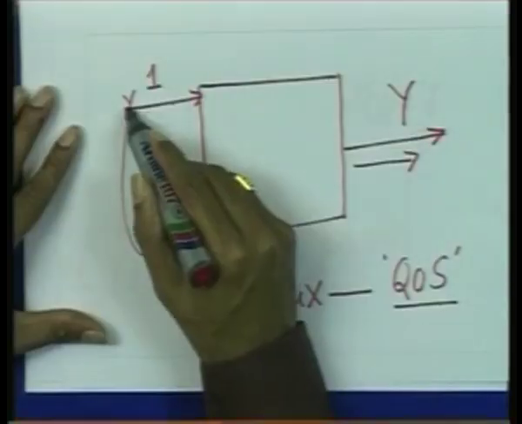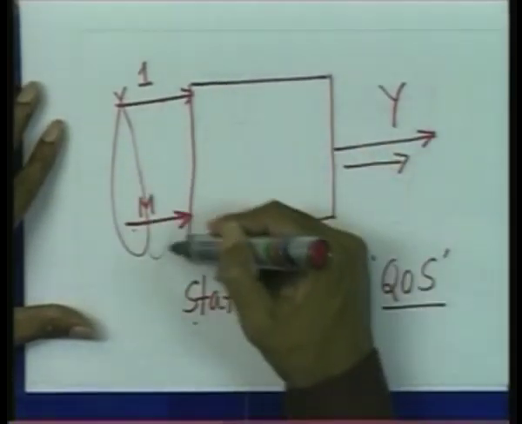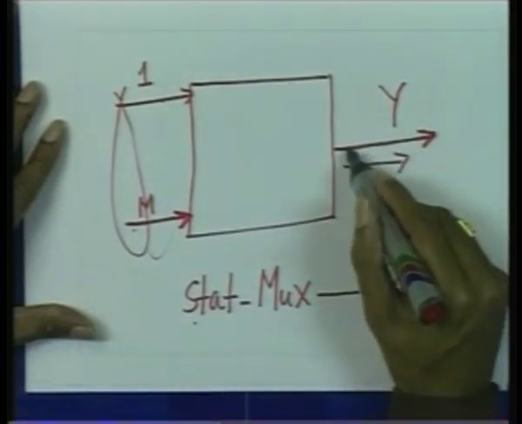Here is a statistical multiplexer that we are seeing, where 1 to m users have been multiplexed, and the combined output rate is Y.